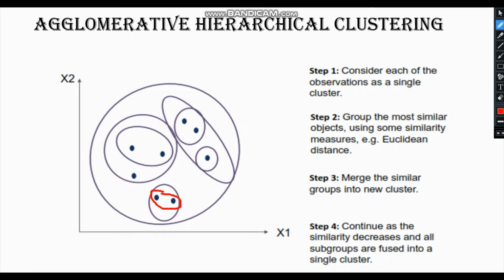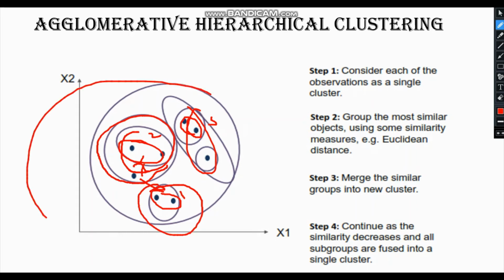Since these two are close, they form a cluster, and these two are nearby, so they form a cluster. Later, from these 1, 2, and 3, whichever are similar by the distance measure, if they are close, they form one cluster. Since these two points are in the second cluster, and this point is closer to the second cluster compared to the first cluster, it gets joined with the second cluster and then the first cluster.